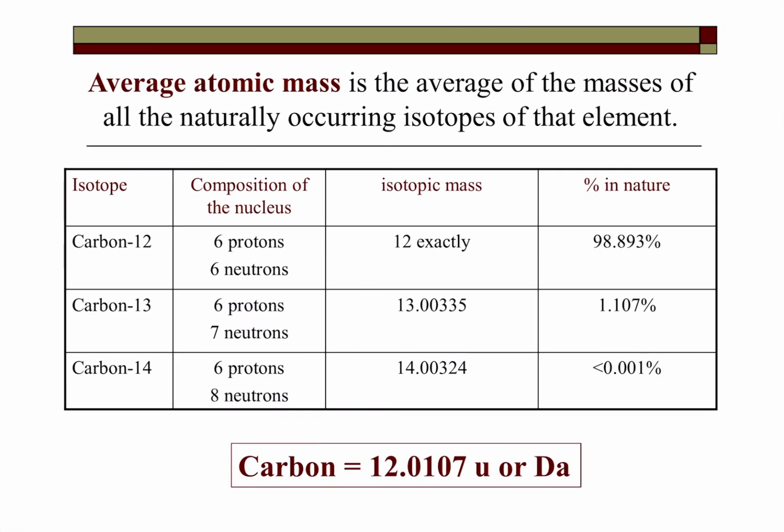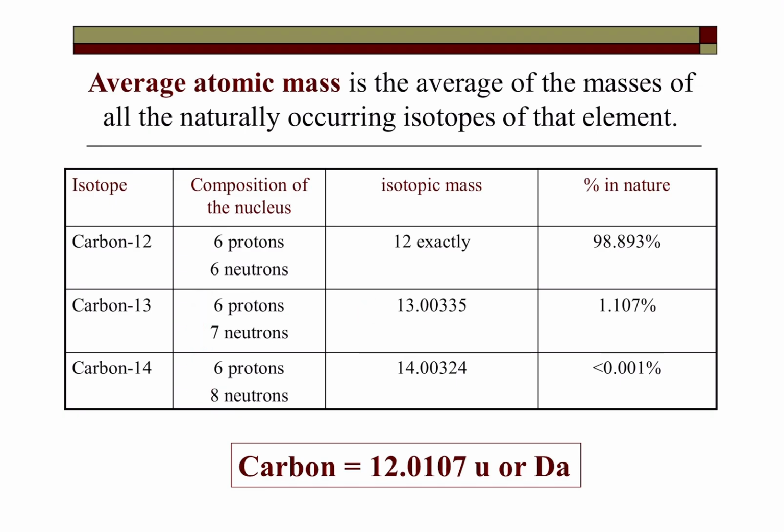As you see here, carbon-12 has 6 protons and 6 neutrons, and the isotope mass is exactly 12. It is almost 98% of what we can find in nature, but the other carbons, 13 and 14, are isotopes with more neutrons and do not have an exact mass.